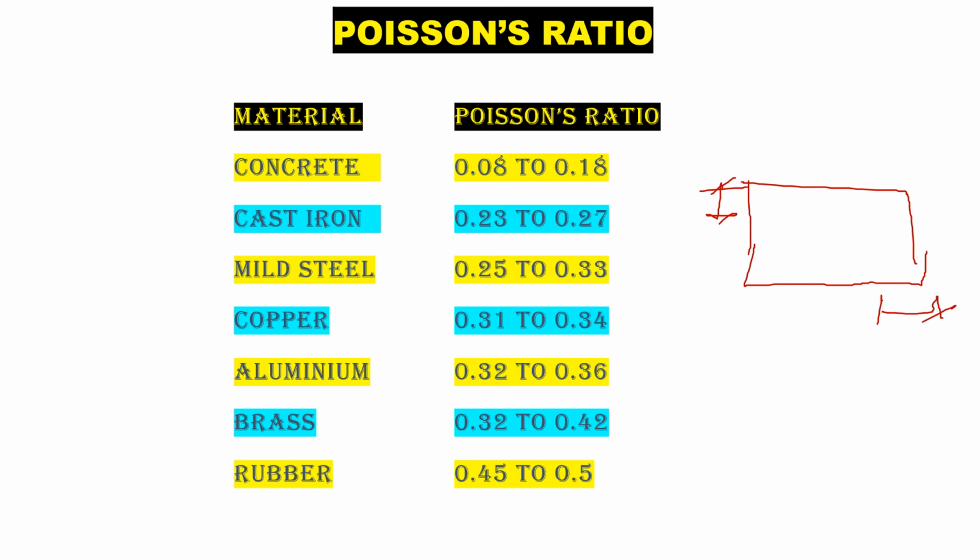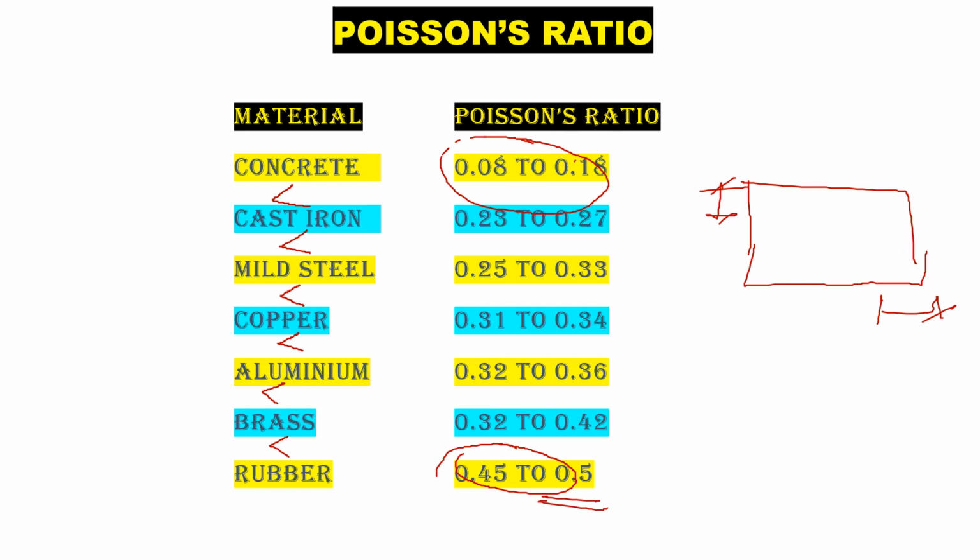So, the Poisson's ratio for concrete is lesser than cast iron, cast iron is lesser than mild steel, mild steel is lesser than copper, copper is less than aluminium, aluminium is lesser than brass, and brass is less than rubber. So, the value approximately starts from 0.1 and the maximum value is for rubber, and the value is equal to 0.5.